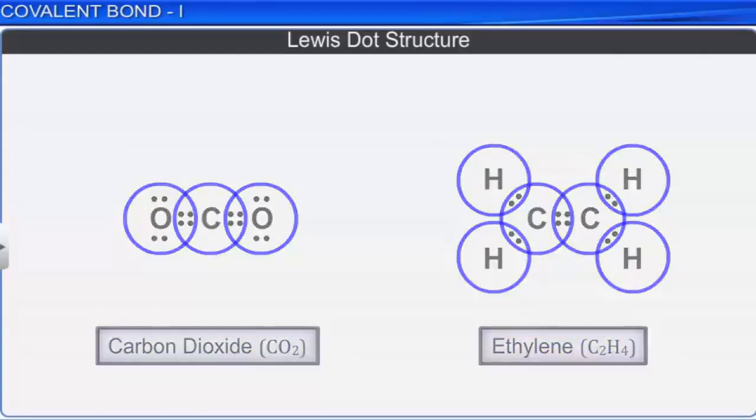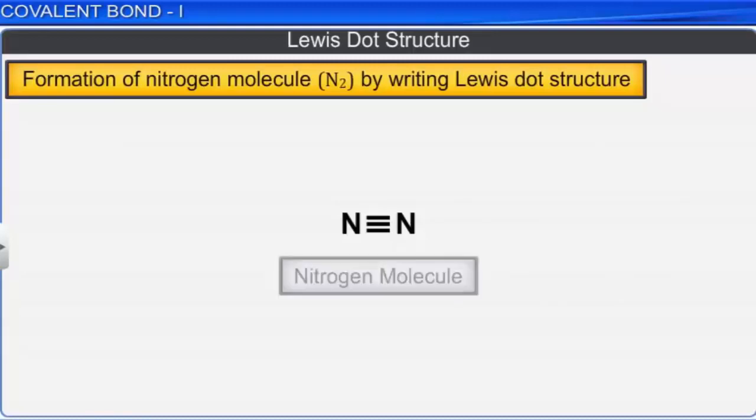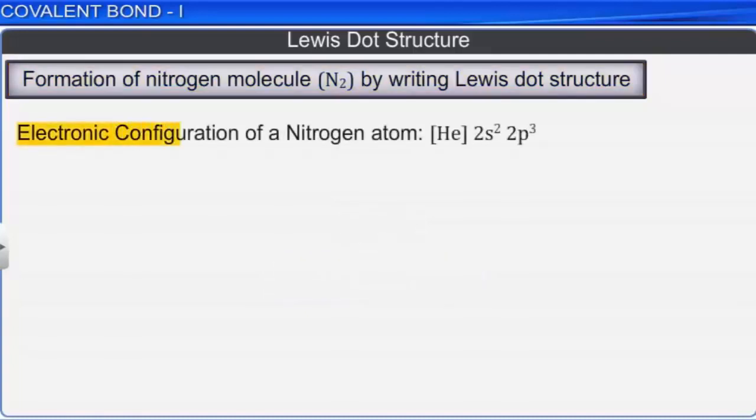Let us understand the formation of a nitrogen molecule using the Lewis dot structure. The electronic configuration of a nitrogen atom is helium 2s2 2p3. It has 5 electrons in its valence shell and needs 3 more electrons to attain an octet.